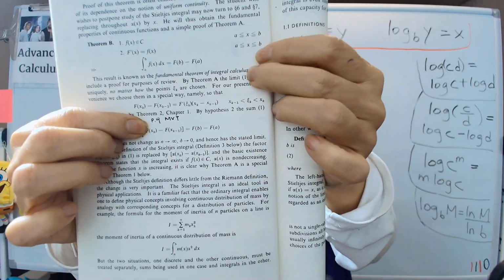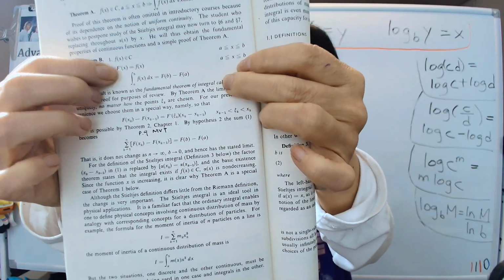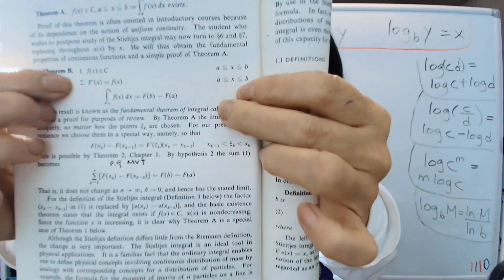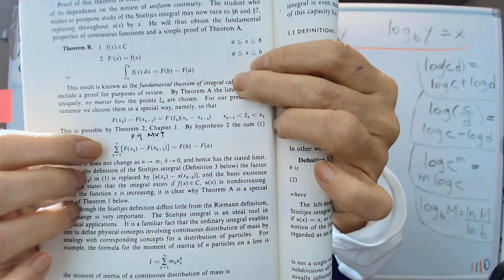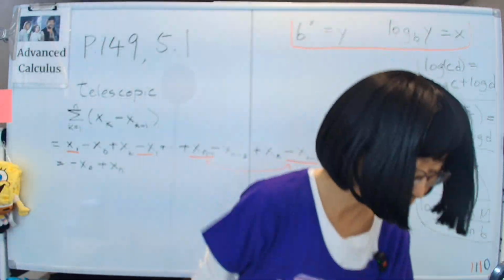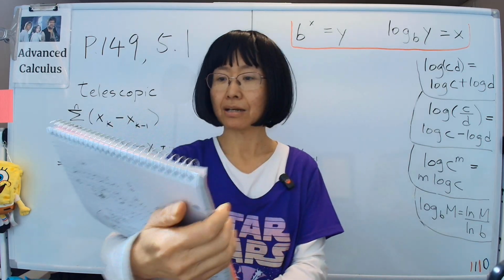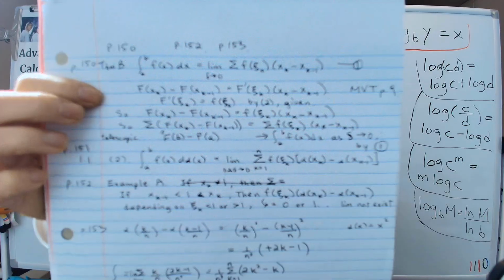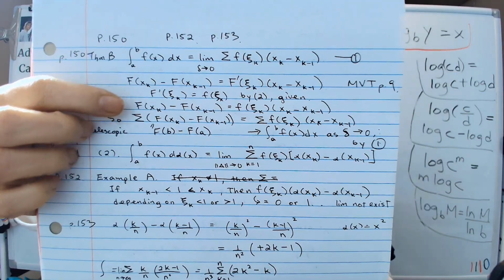And then, being that big F prime is equal to small f, that's given, we can substitute this thing as the small f.